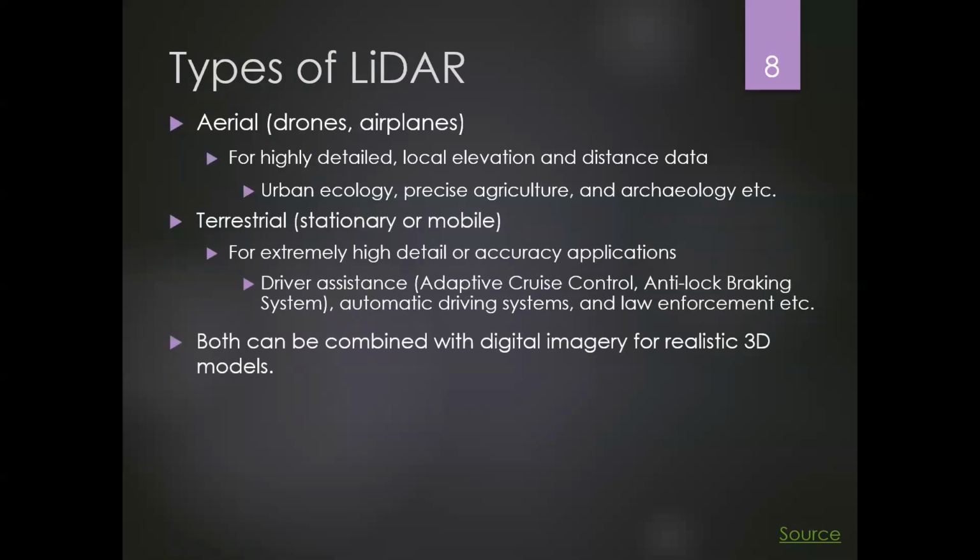Okay, and both of them, no matter aerial or terrestrial, can be combined with digital imagery for realistic 3D models. So why is distance connected to 3D models? Because, for example, you're standing in the middle of a room, and you want to create a model of the room based on the information of your position in this room.